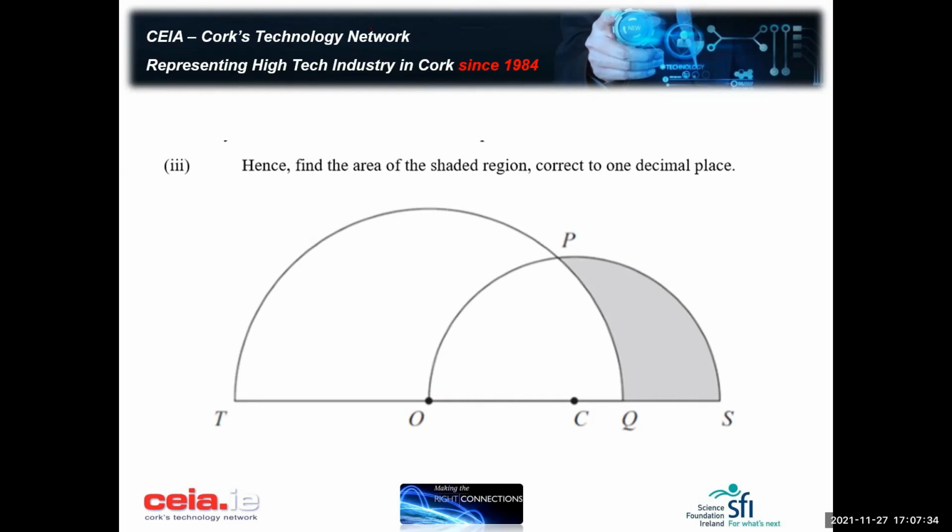So you can say that the area that we want, the area of PQS. Now we know that the area of PQS equals the area of PCS minus the area of PCQ.